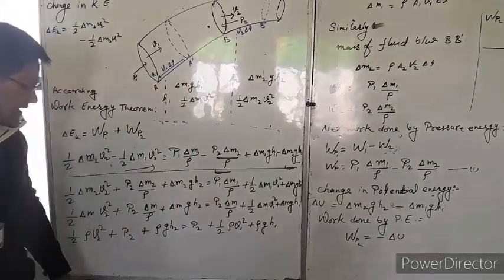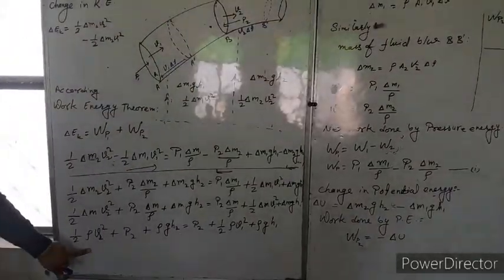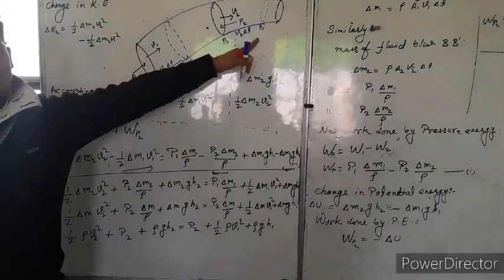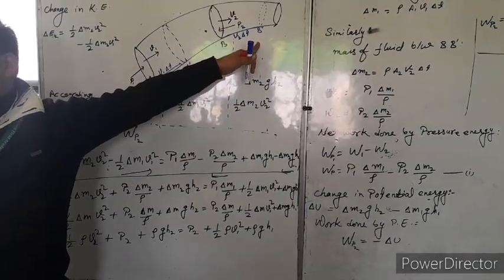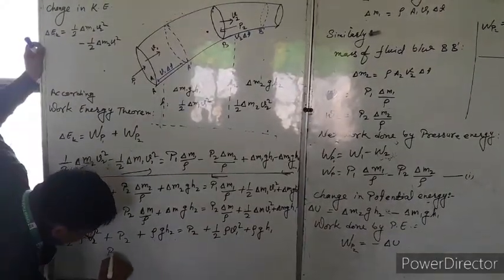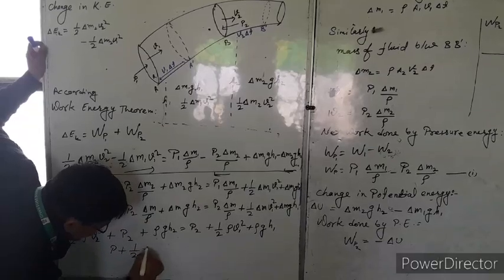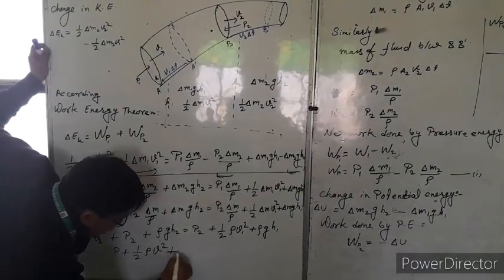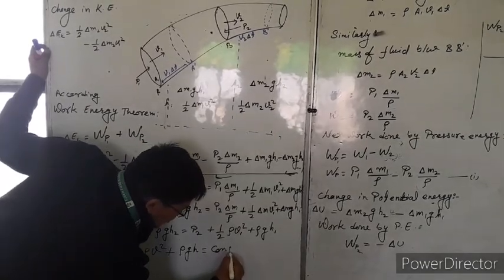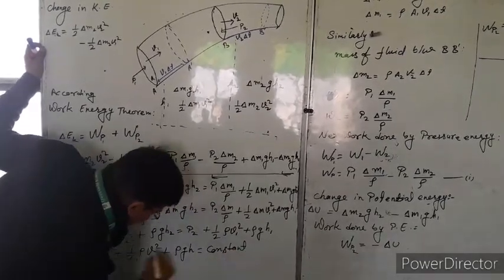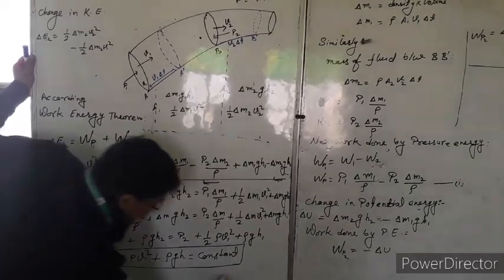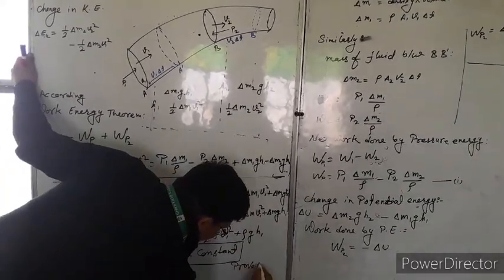That means you can say that pressure energy, kinetic energy and potential energy during the streamline flow in a varying cross-sectional area pipe remain constant. That means P plus 1 upon 2 rho v square plus rho g h remains constant, and it is the proof of Bernoulli's principle. Okay, is that clear?